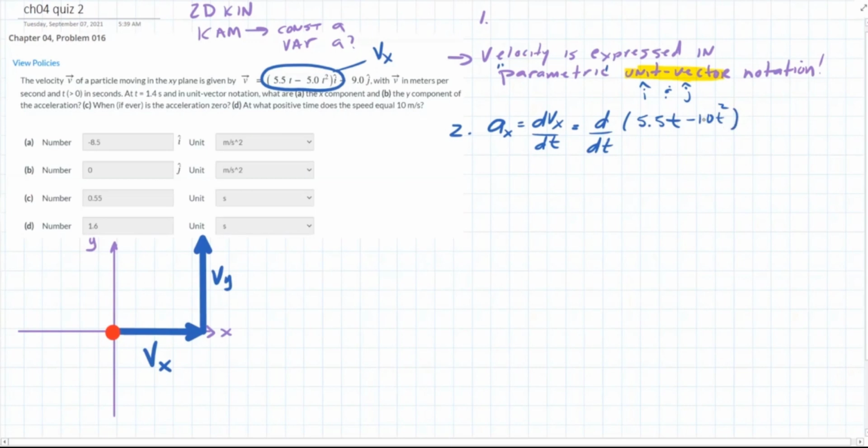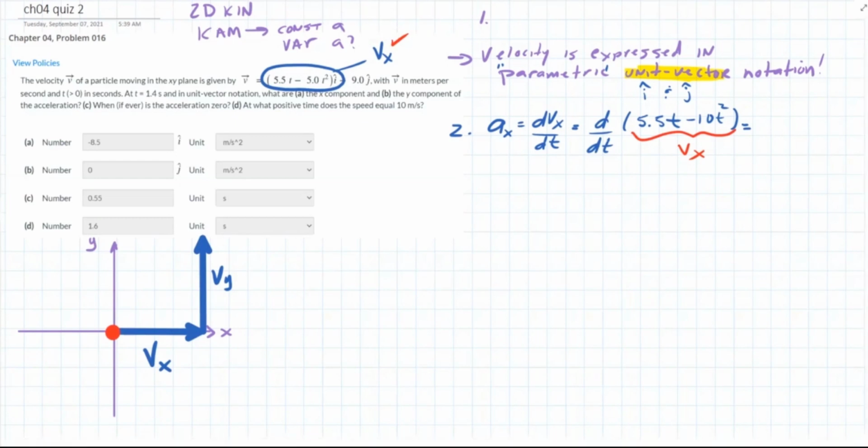I don't need to write down i because I know I'm talking about the x component. That's what the unit vector i hat is telling me. And I know how to do derivatives. So if I take the first derivative of this expression, and again, this whole beast right here is Vx based on what you were given.